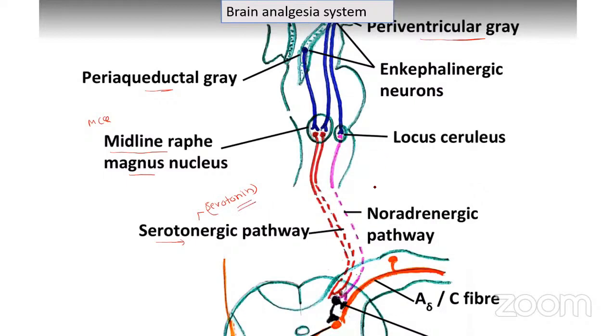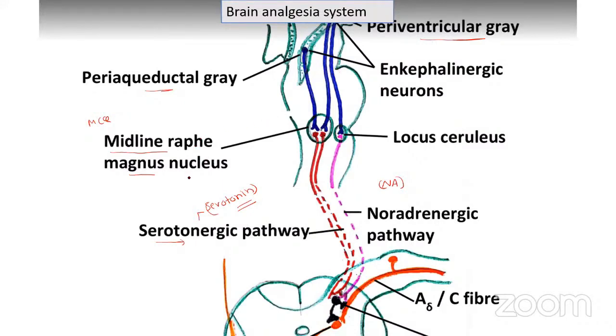From the locus ceruleus, it is noradrenaline. And these two actually inhibit our A delta fibers through activating these encephalinergic interneurons. So this is known as supraspinal control or brain analgesia system.